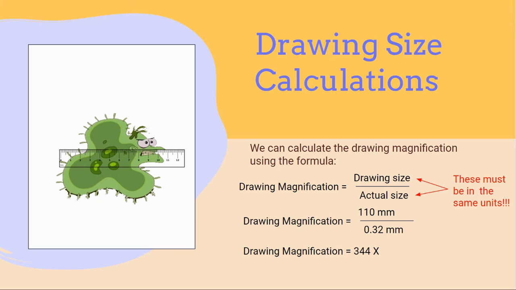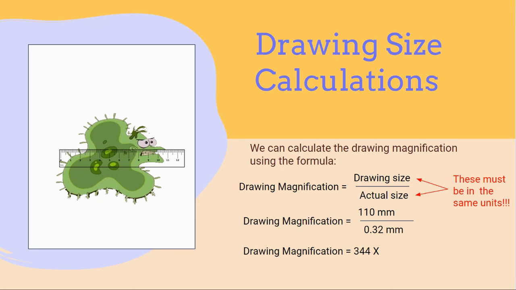So what we're going to do instead is figure out how to calculate the magnification of a drawing. So all you do is you take your drawing size, making sure that your units are the same. So I measured it, it was 11 centimeters. I have to change that to millimeters in order to do this calculation because I can't divide centimeters and millimeters.